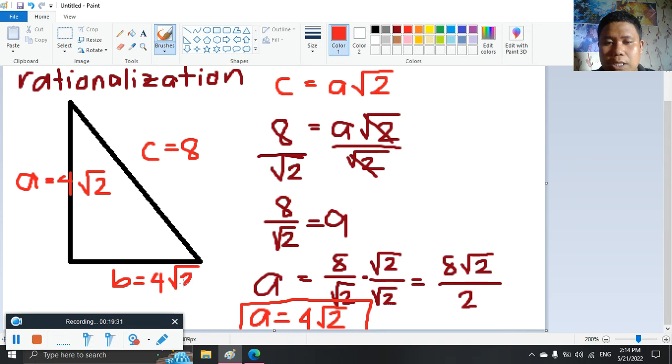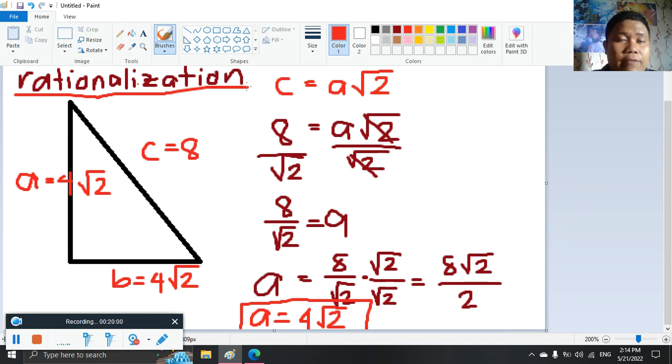Okay? So, I hope you understood this. It's very easy, right? So, again, if your denominator has a radical sign such as this one, the square root of 2, all you have to do is use the rationalization method or technique. The purpose of the rationalization technique is to eliminate the radical signs in the denominator.